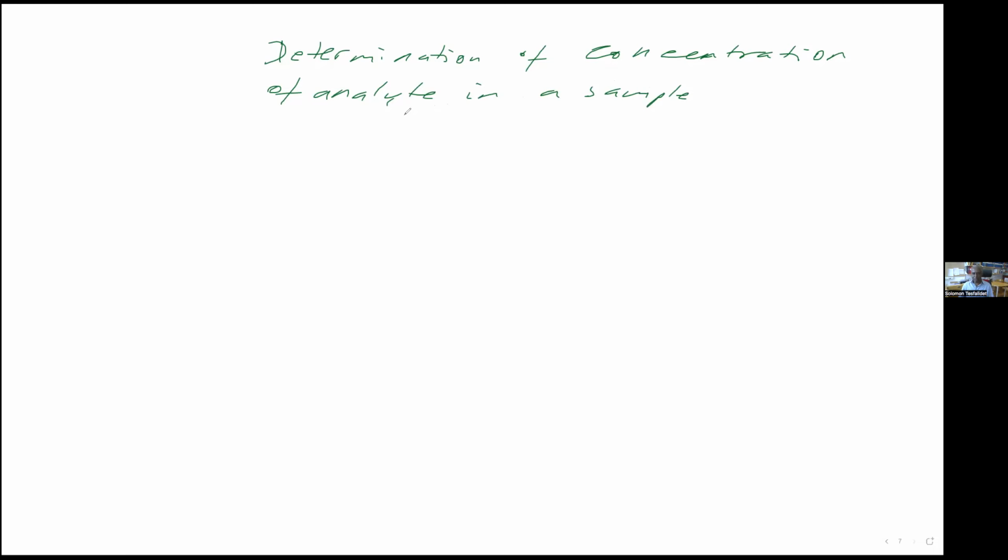So the analyte is the chemical compound which you are looking at in the sample. So what we do here is that we prepare standard solutions, standard 1, standard 2, standard 3, and so on. And then we have also our sample.